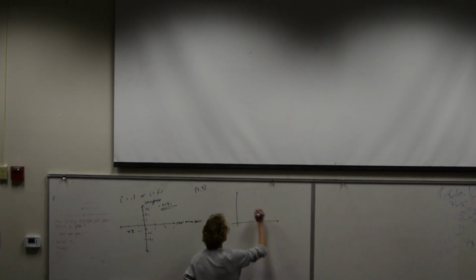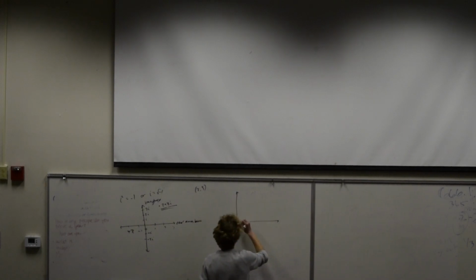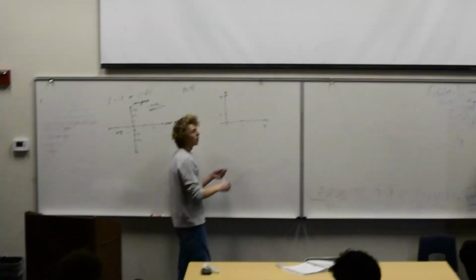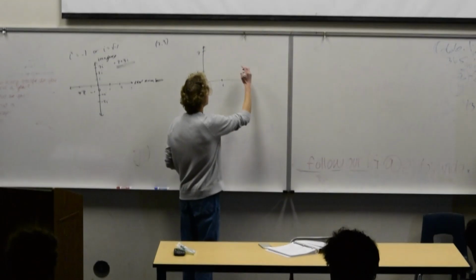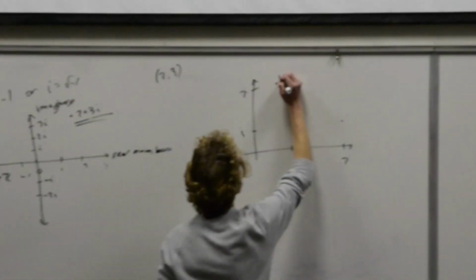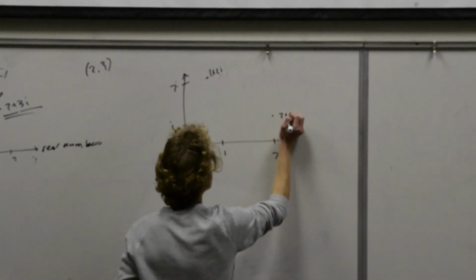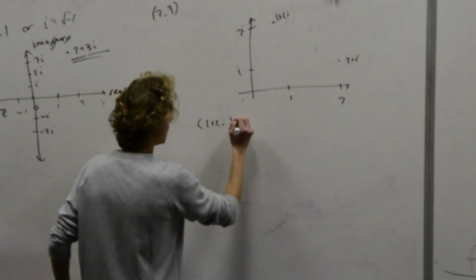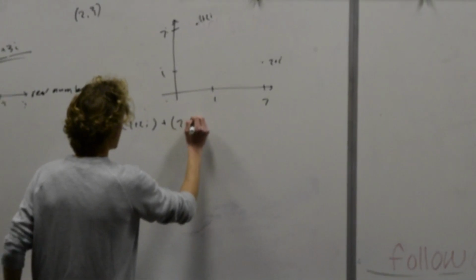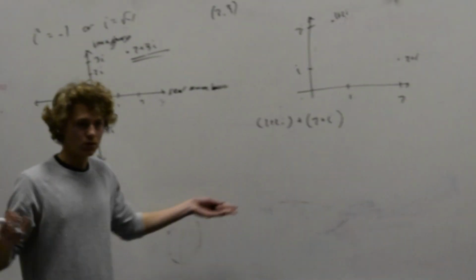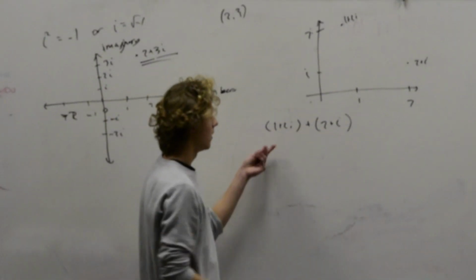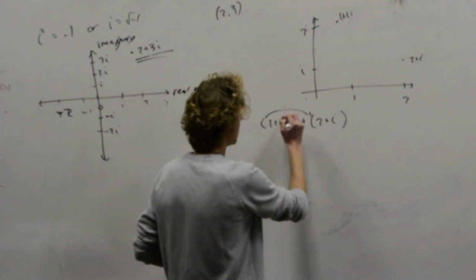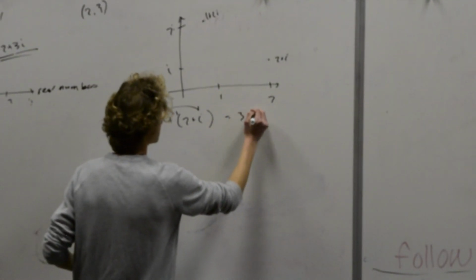If we have 1, 2, i, and 2i, what if we were to add the point 2 plus i and 1 plus 2i together? The operation is exactly the same as adding normal numbers together, where we combine our real parts together and our imaginary parts together. We get 3 plus 3i.